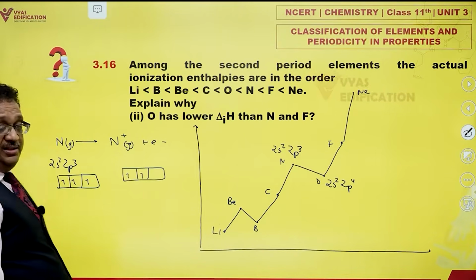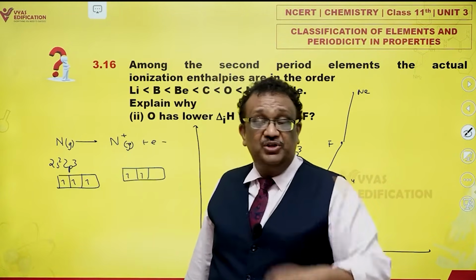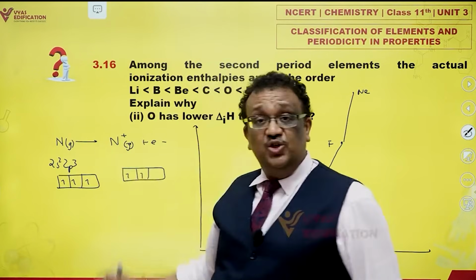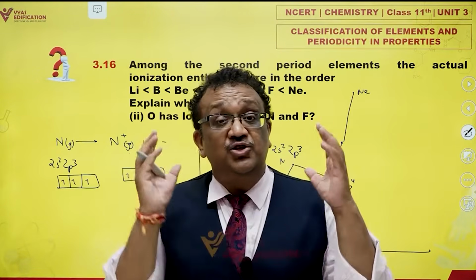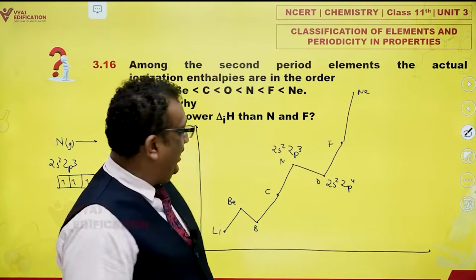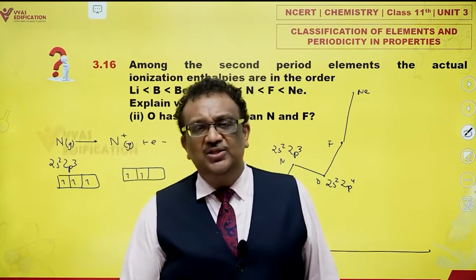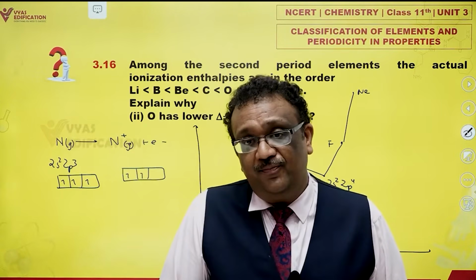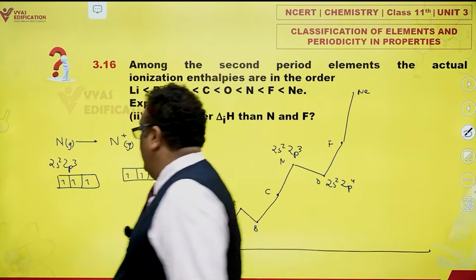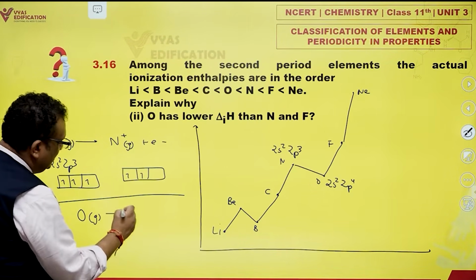Half-filled p orbitals have extra stability, and ionization of nitrogen means you are destroying the extra stability of half-filled p orbitals, and that is why they need an energy which is slightly more than the regular energy they would be expected to need. Okay, and in case you're looking at oxygen, the opposite is true.